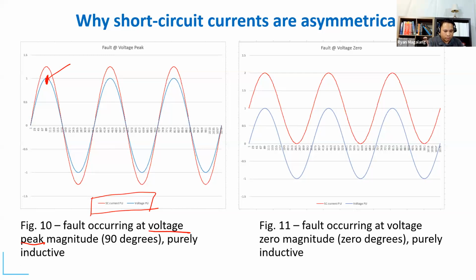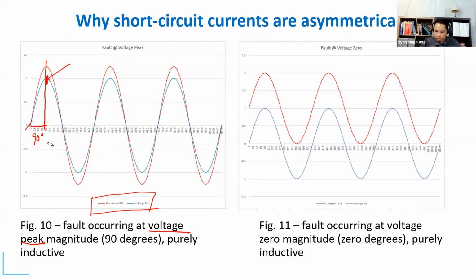So the tendency is for the fault current, like I said, to lag 90 degrees. So this part, that's 90 degrees. So current is lagging behind 90 degrees. So as you can see, there is no offset if the fault happened at the peak.